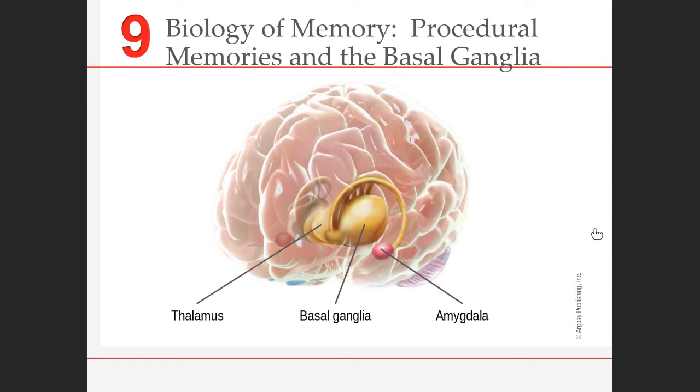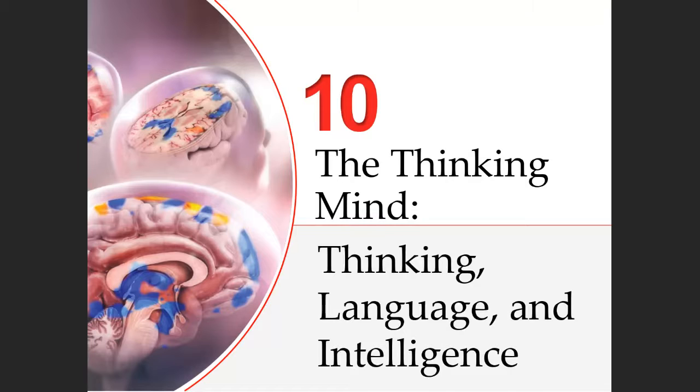Now let me switch over to chapter 10. So for chapter 10, we want to define general intelligence and also look at the evidence for multiple intelligence subtypes.